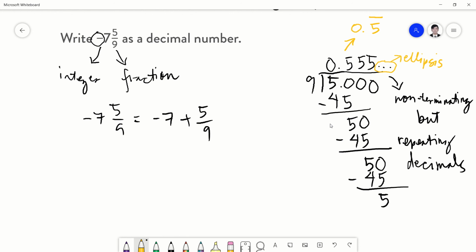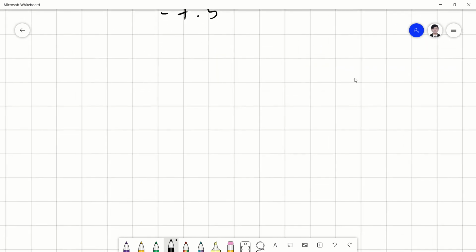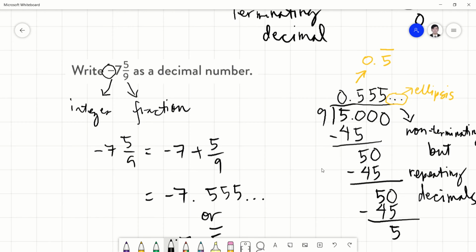So, going back to our concern in rewriting this mixed number into decimal, it would be -7, that's the integer, 0.555, then you have the ellipsis, or you can write it as -7.5 with a bar on top of it as an indicator that it never stops. Okay, that's it.